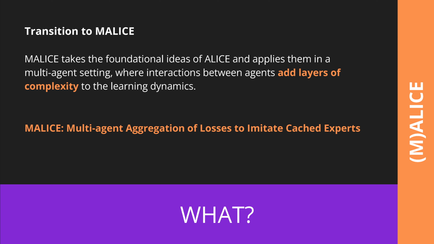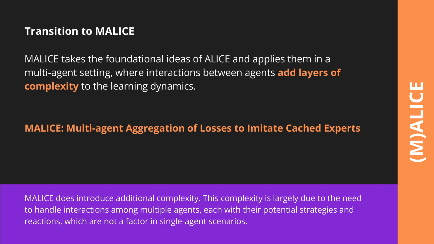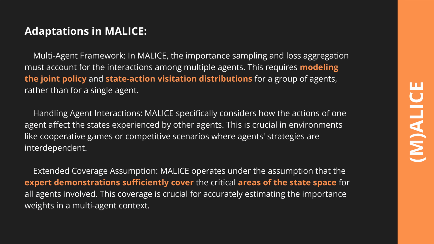Absolutely, because we have the computational power now. So MALICE, of course, it's a complex system, introduces additional complexity due to the need to handle all the different interactions among multiple agents, each with their potential strategies and reactions, which are, of course, not factored in the single-agent scenario of our Markov game.